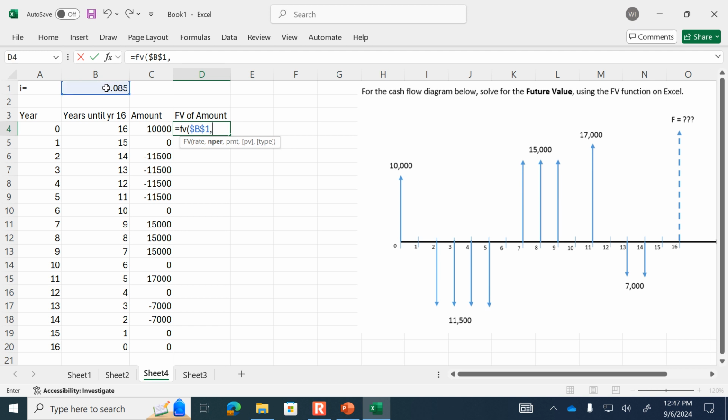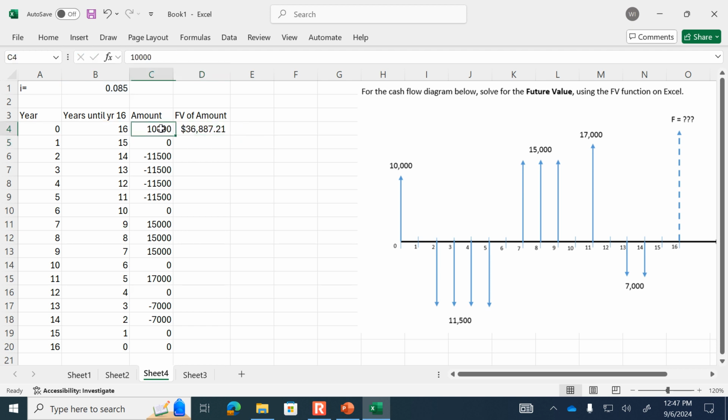Now this is where the mistake would be to click on year. We want to know how many years into the future that amount should be compounded. So I'm clicking on the reverse time column. Skipping over the payment field with the double comma, and then minus of the amount in the PV field.